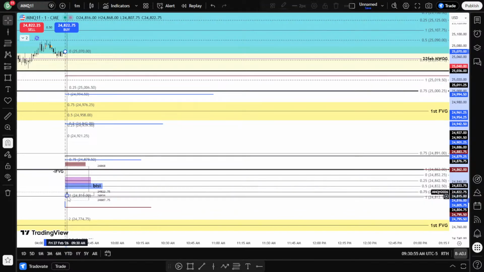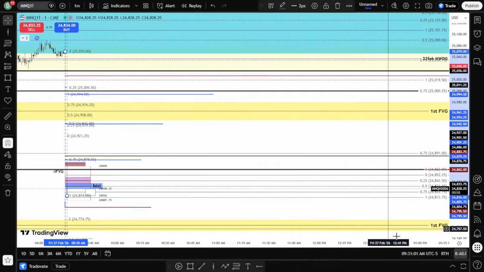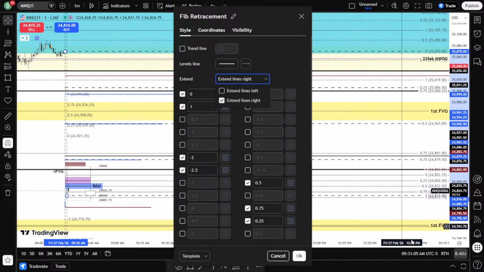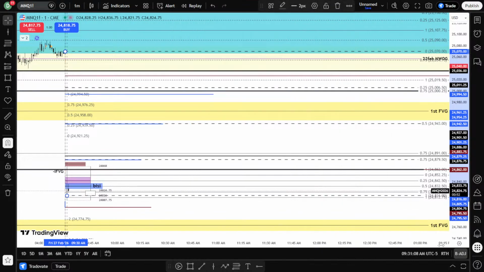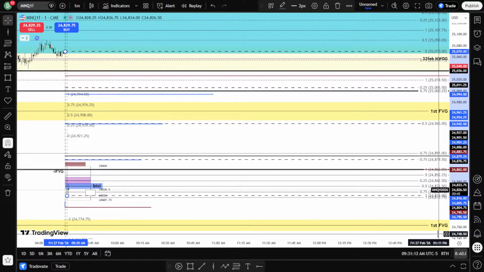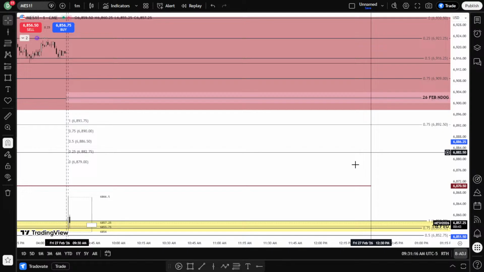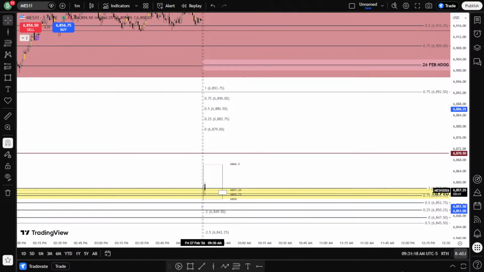Open right here, and let me extend that right. So we can see, this is the opening range gap for ES.